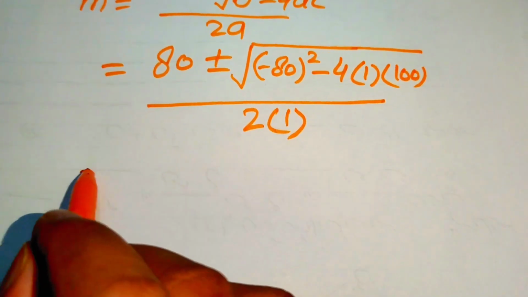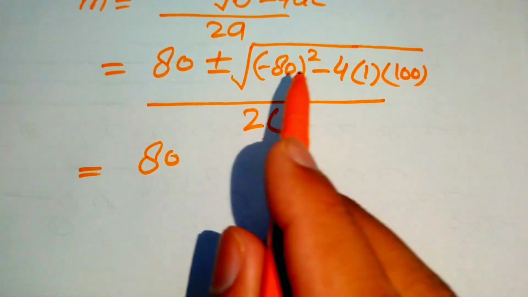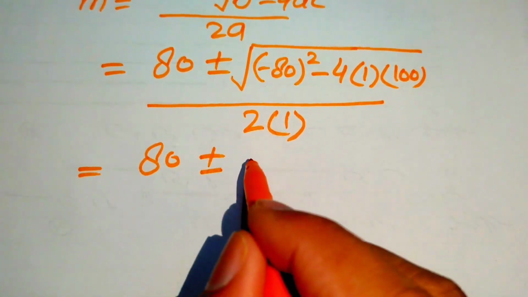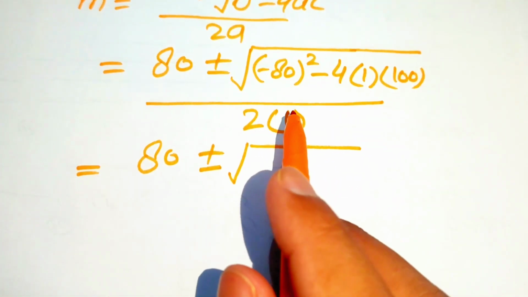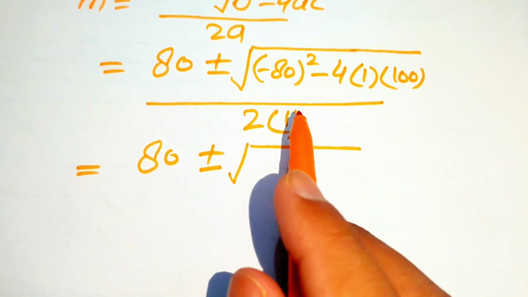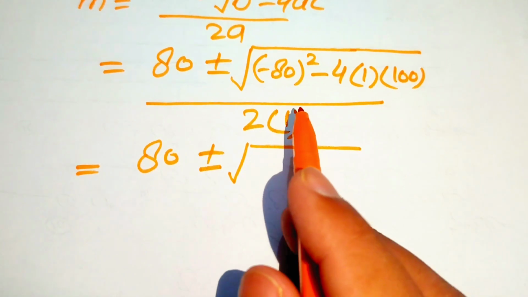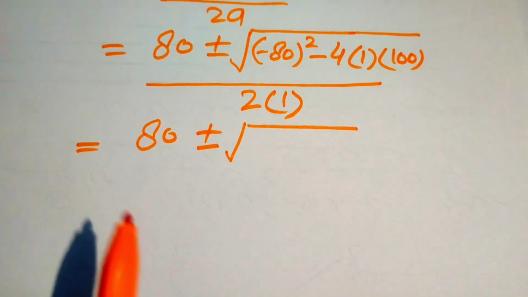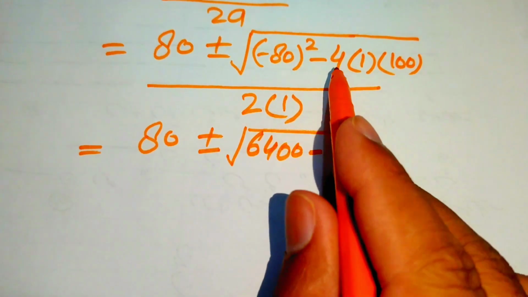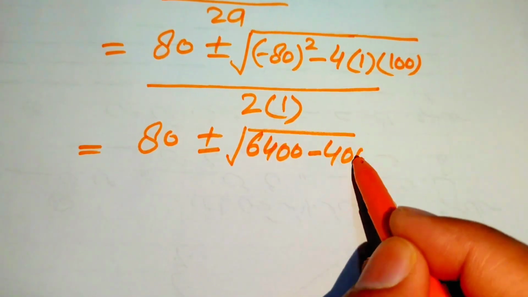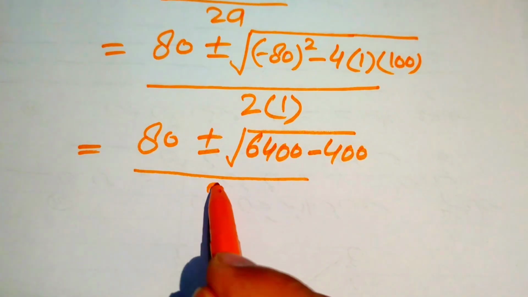And now in the next step, we just simplify this term, and we have 80 plus minus square root of, here you know that 80 square equals 6400, and we write it here 6400 minus 4 times 100 equals 400, and it is divided by 2.